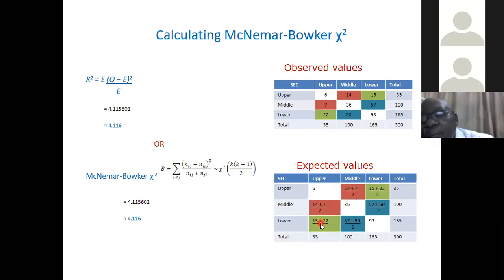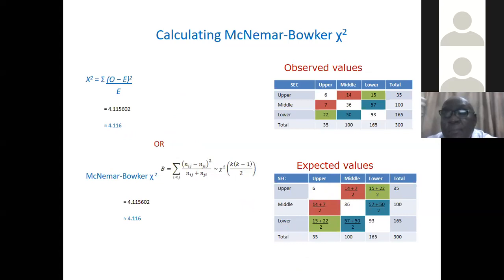The same thing for this one and this one. If you calculate the expected values and put them in the formula here, it will give you this answer. And if you use the other formula, where you just say this minus this, divided by the sum of both of them, it will give you the same answer. That's just the logic. So let's just run it.